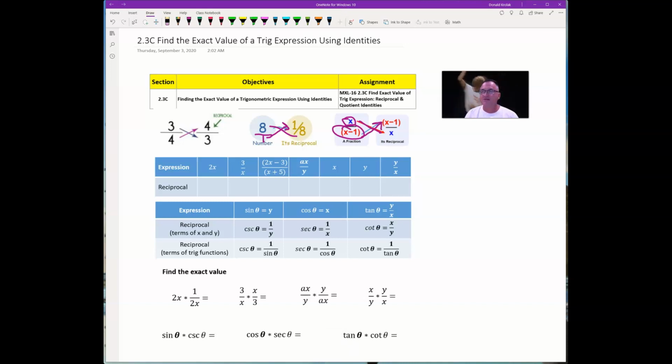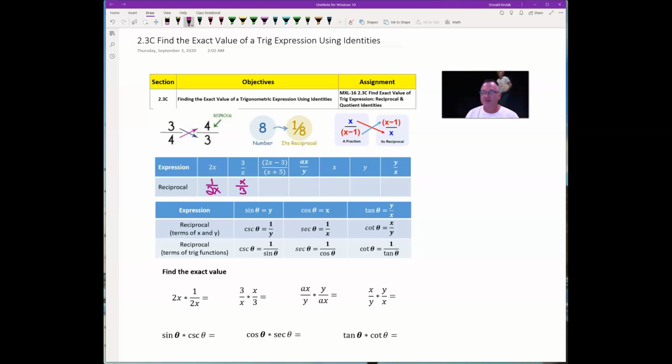So different examples here of writing reciprocals. If I said I need the reciprocal of 2x, well, 2x as a fraction would just be 2x over 1. So when I reciprocate it, it's going to be 1 over 2x. 3 over x is already a fraction, so we just reverse the numerator and denominator.